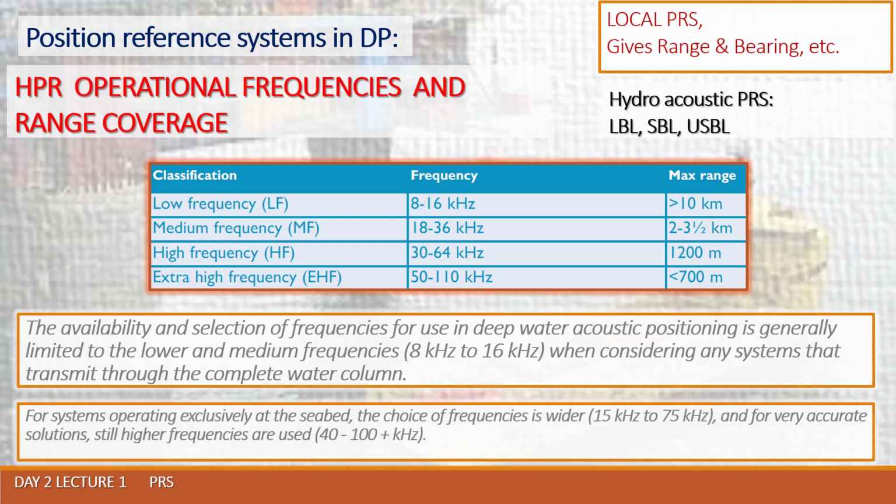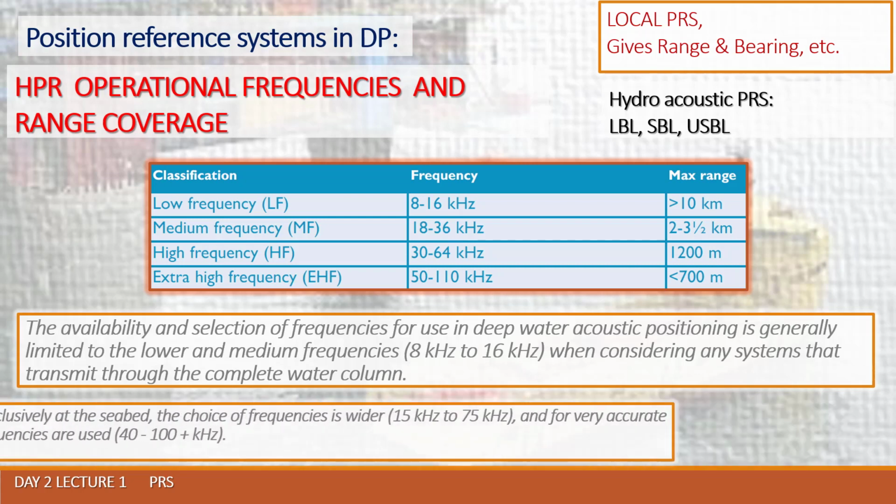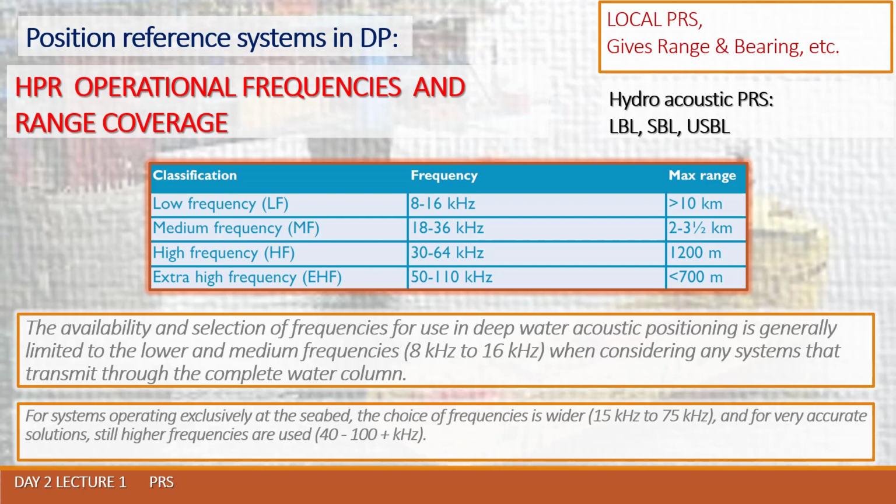And for very accurate solutions, still higher frequencies are used, let's say from 40 till 100 kHz. So I cannot give you the answer in one sentence at what frequency an HPR system is normally working. It depends on what kind of work and type of operations we have, and then what type of frequencies are utilized. That information is provided to you from the Industrial Operational Guidance created by IMCA.